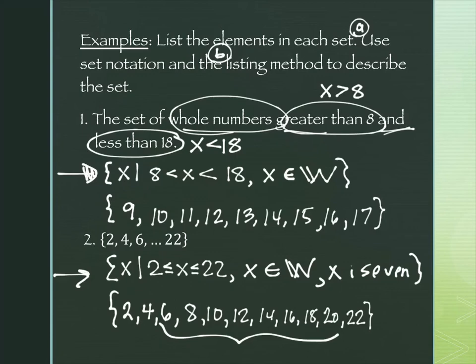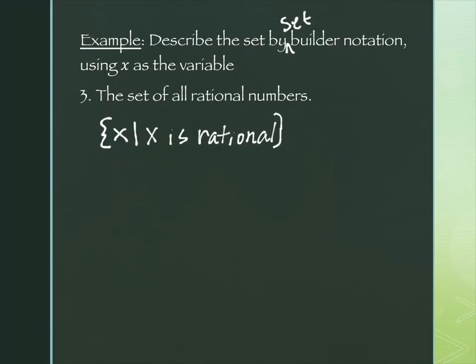You could say "and x is even," but anyway. We're going to do one more, which is number 3. This one said x is rational. That's the only thing it said, in fact. So in rewriting this one, I can do x such that x is an element of the rational numbers, like so.